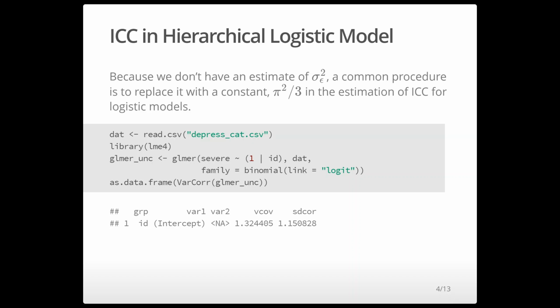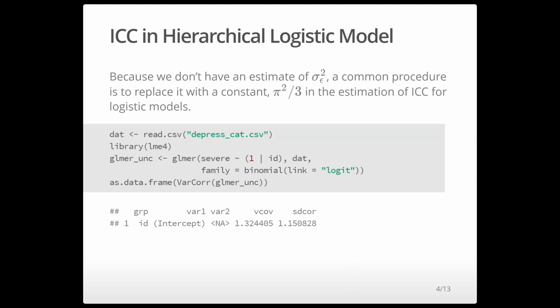So remember, this is not cluster means, it's cluster log odds. And so then we specify family equals binomial, link equals logit, and that tells glmer that that's what we're doing. We're looking at the cluster specific log odds rather than the cluster means.